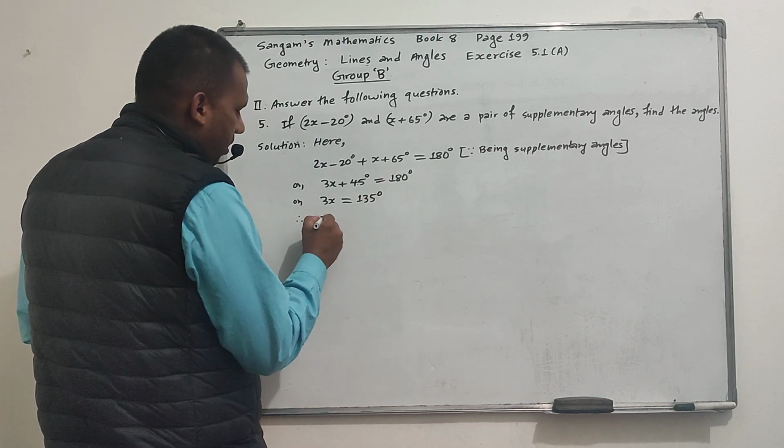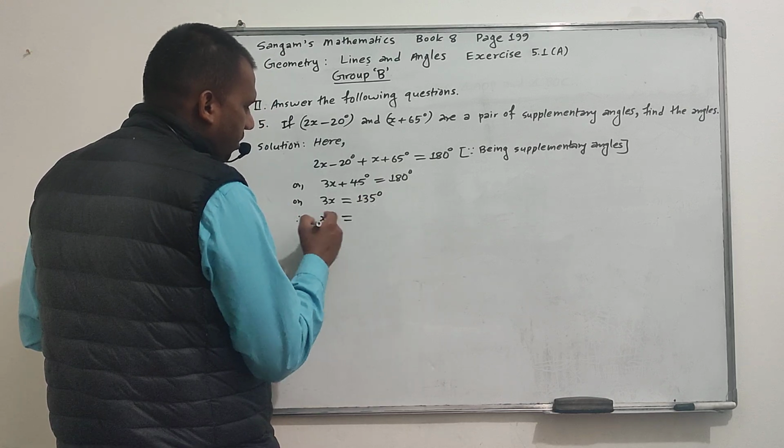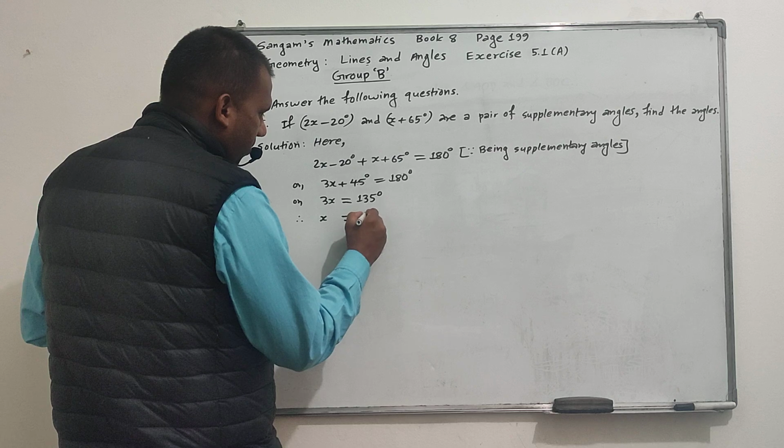Therefore x equal to 135 divided by 3, that is 45 degrees.